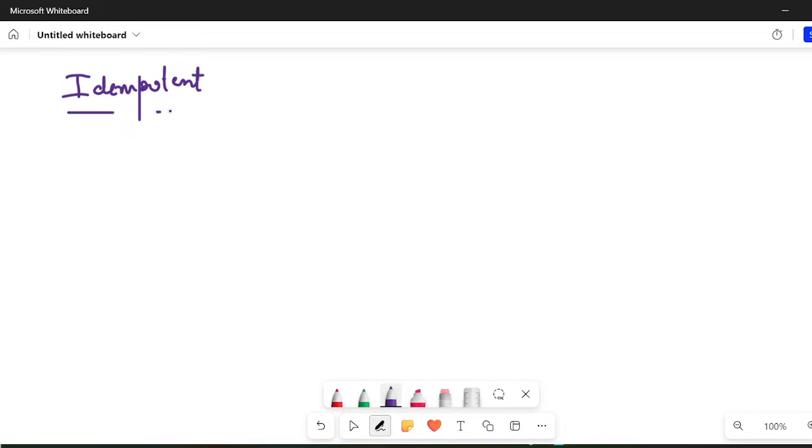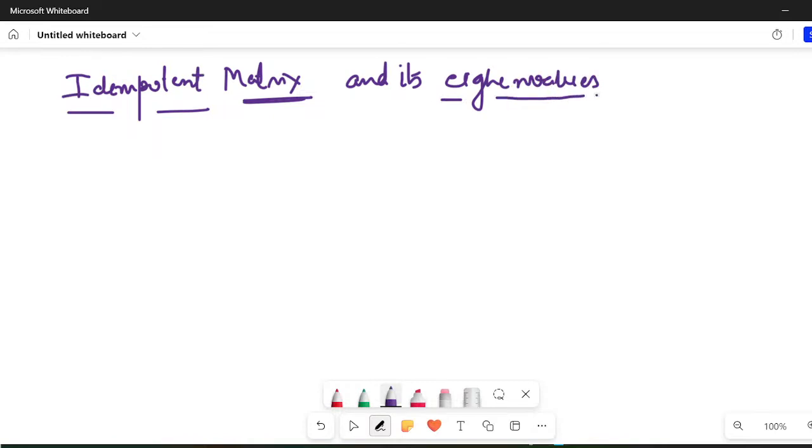So, idempotent matrix and its eigenvalues.